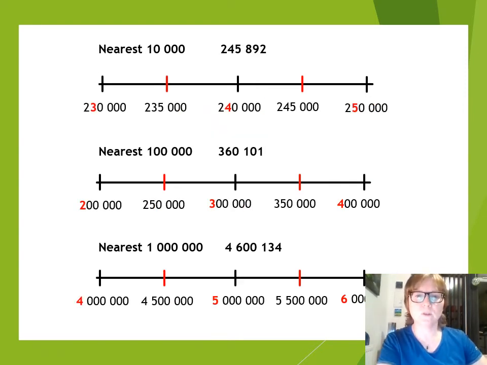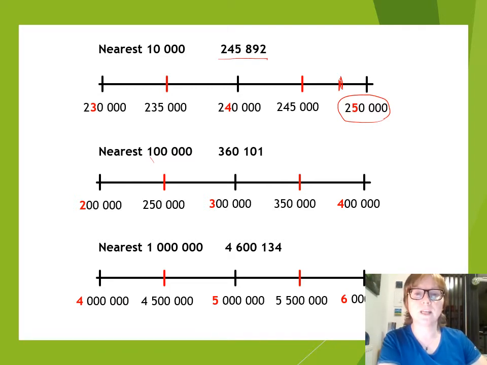So continuing using the number line, if we look at rounding to the nearest 10,000, we can see we have 892, which we would place approximately here on our number line, and you could see that that would round up to 250,000.